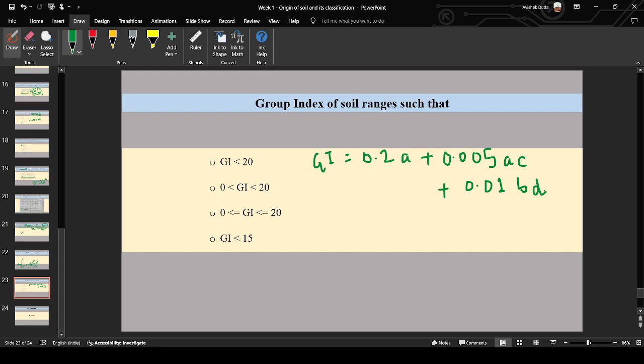A refers to that percentage of soil passing which is between 35 to 75 percent, and by percentage passing we refer to passing 75 microns. So 75 microns is an important thing to consider while we consider the group index. That is the size of silt which defines the fine grained or coarse grained soils.